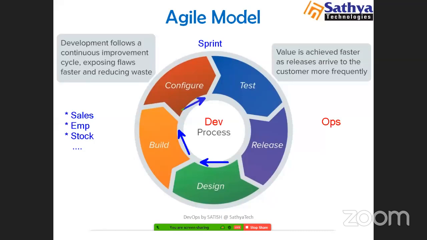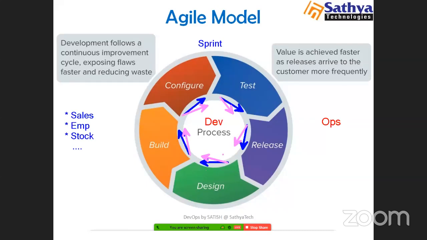Next, configure, testing, and then release. What you release here is the first module, sales. Then go with the next module, employee. Do the same process: design, build, configure, test, and release.